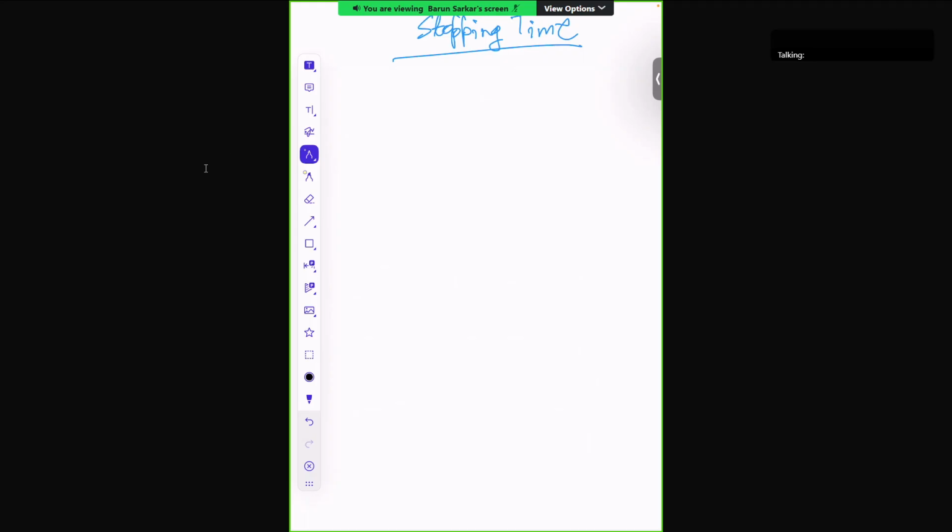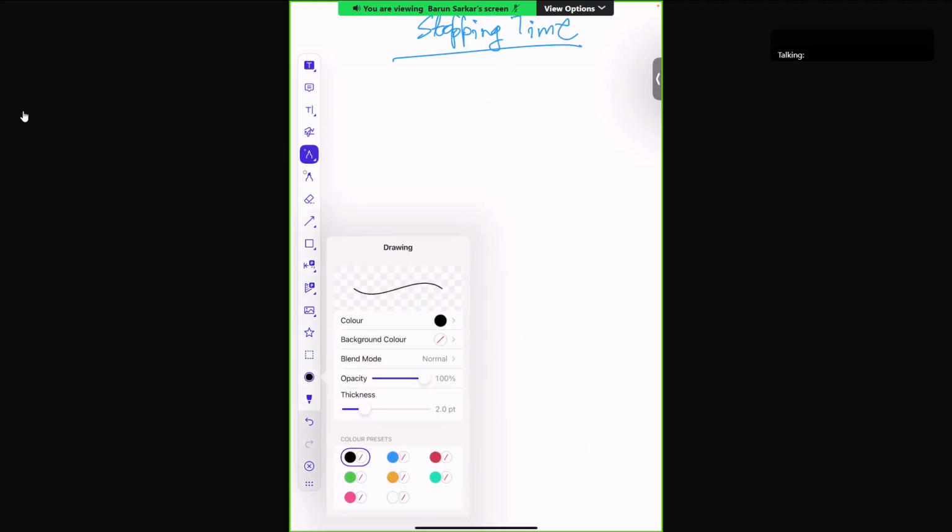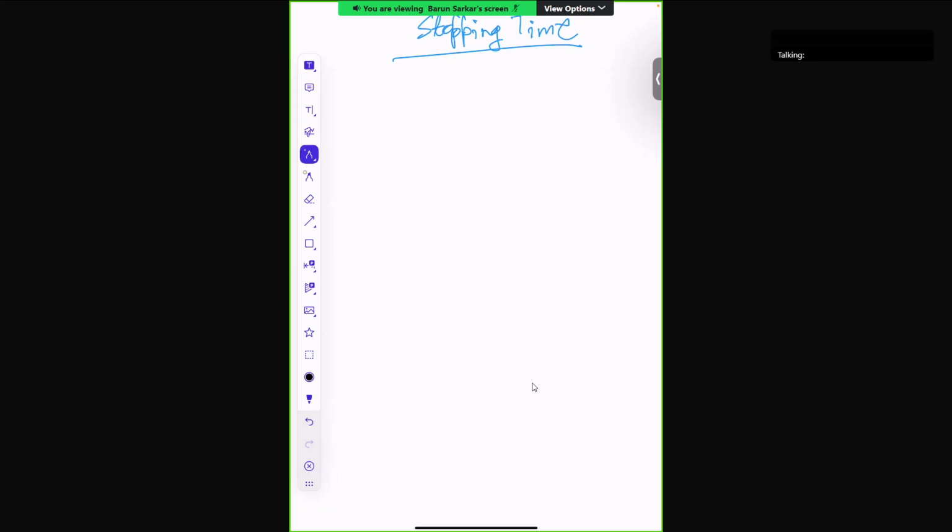So a stopping time is also a random variable, a discrete random variable.